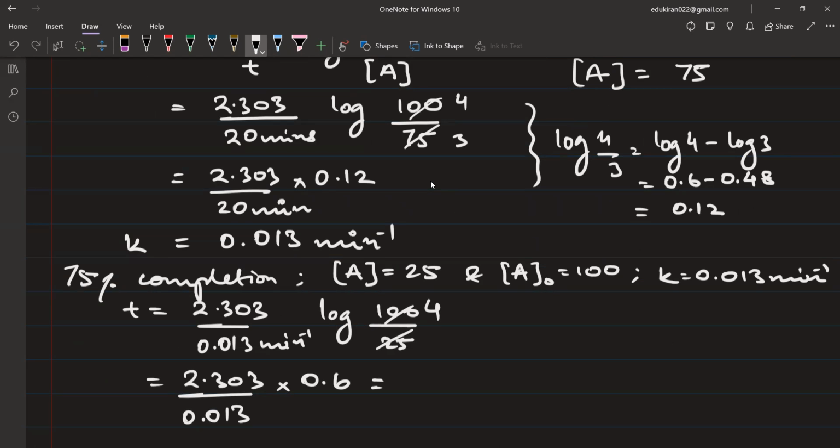Okay, and when you calculate this answer, it will be somewhere around 0.013. Calculate this value, how much it is?